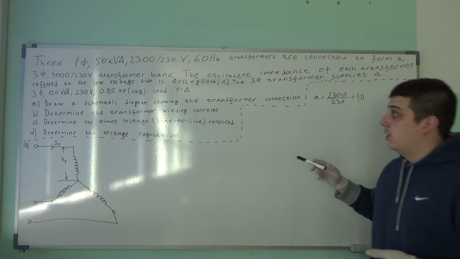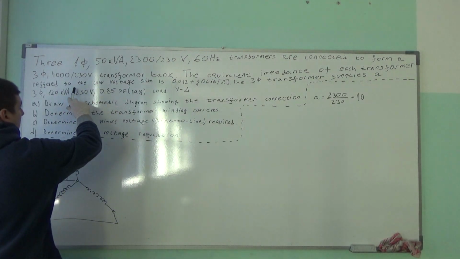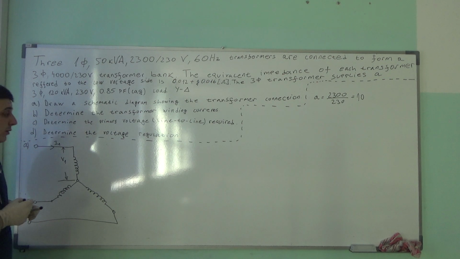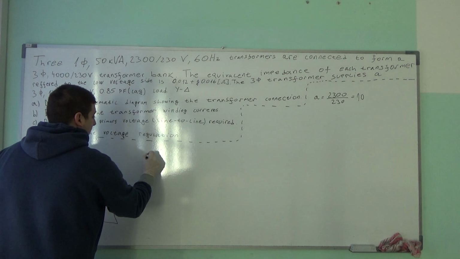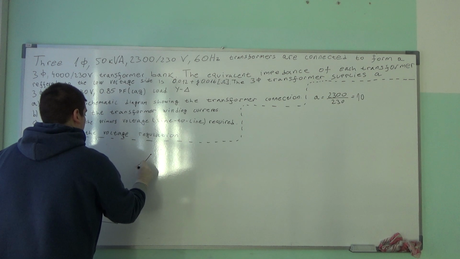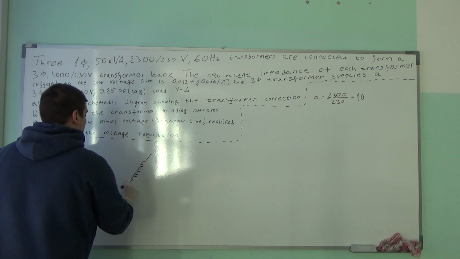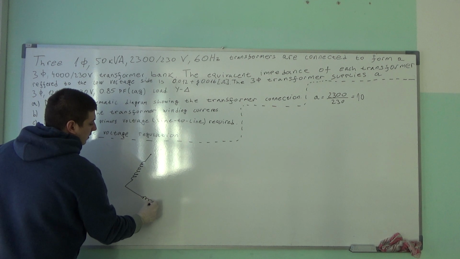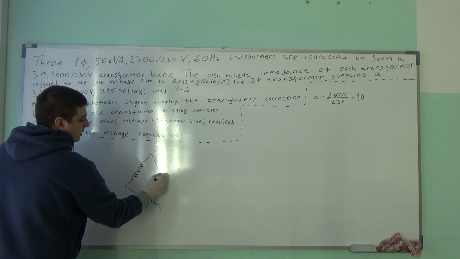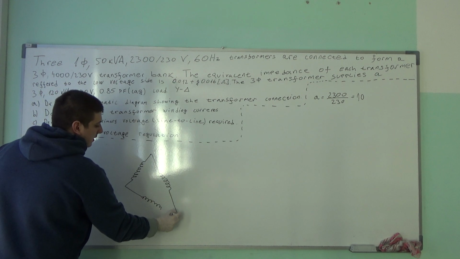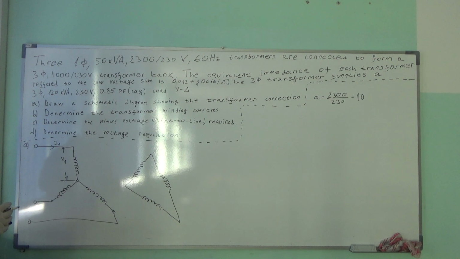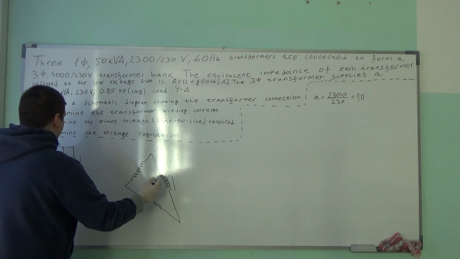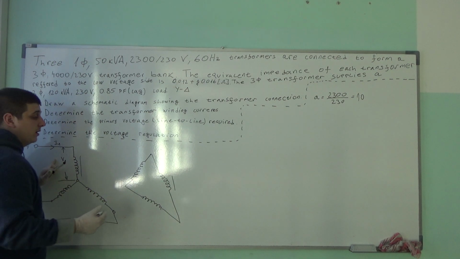Now, the load on the output says it needs 230 volts. So look at this situation. I have a delta connection, and the induced voltage over here is V1 divided by a.